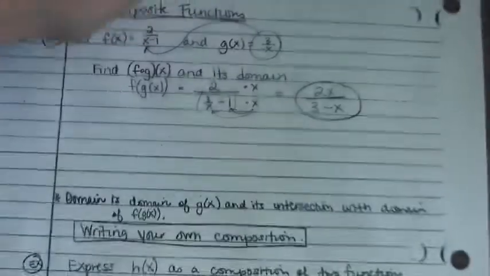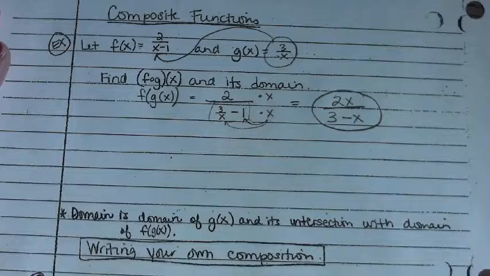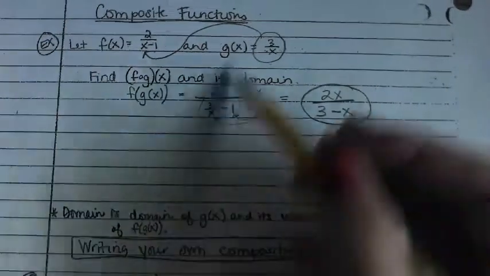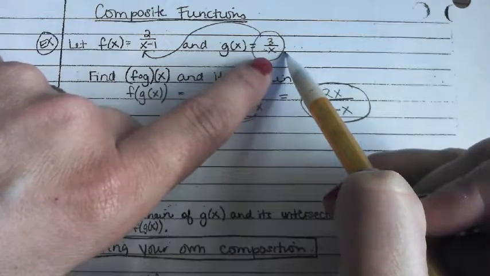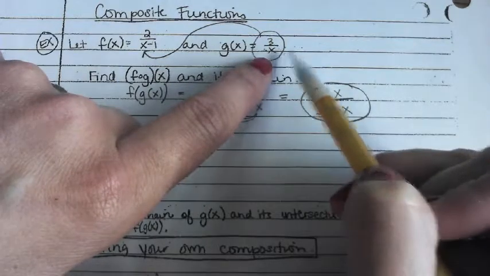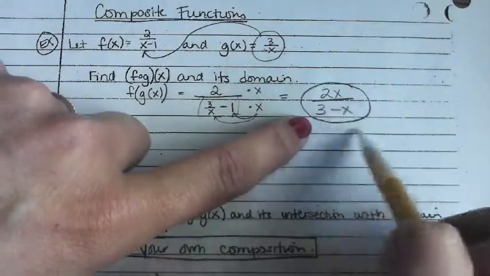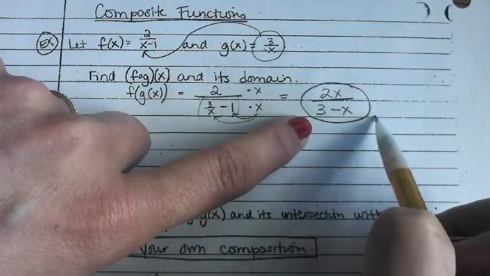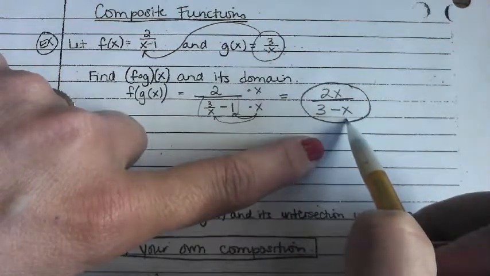So the domain of f of x doesn't matter on its own. It's the intersection of the domain of g of x, and the domain of that is just everything except for 0, right? So the intersection of that and the intersection of this, what can x not be here? Right, so x cannot be 0 and x cannot be 3.